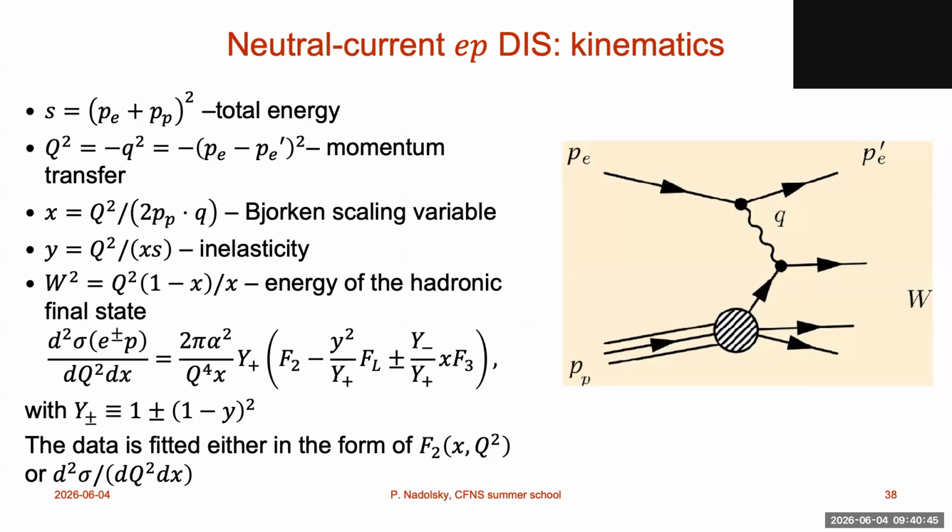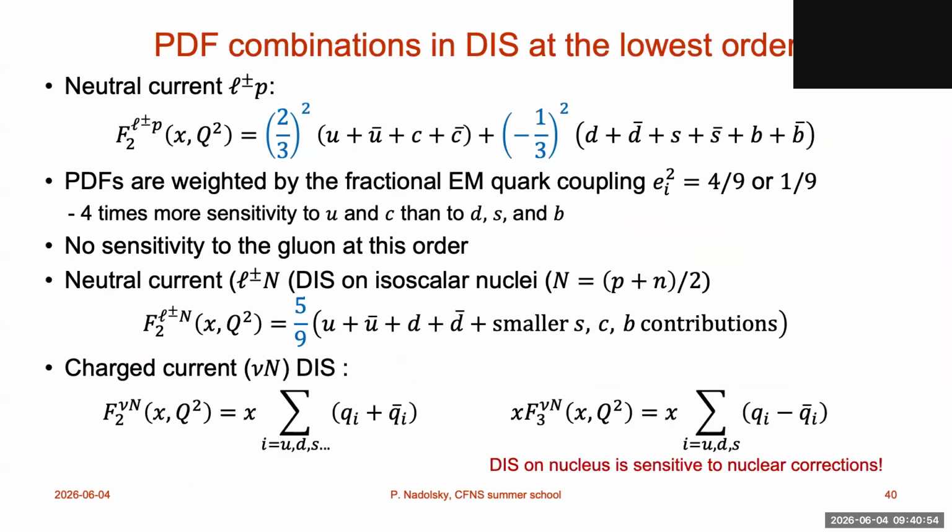If it is a photon, the coupling will be proportional to the electric charge of the quark or the antiquark. This means that if we just look at the leading order and write the structure function, the structure function will contain contributions from various flavors.